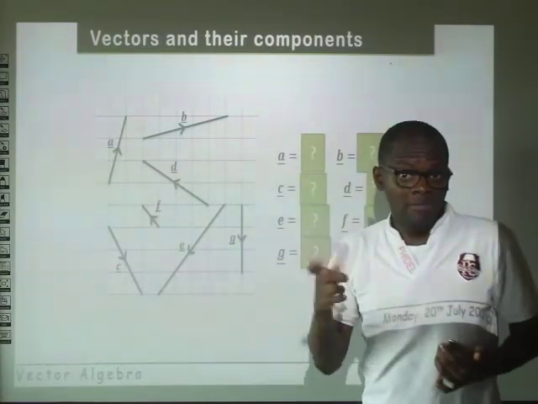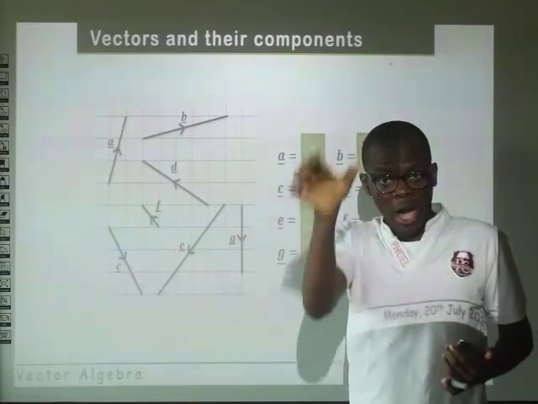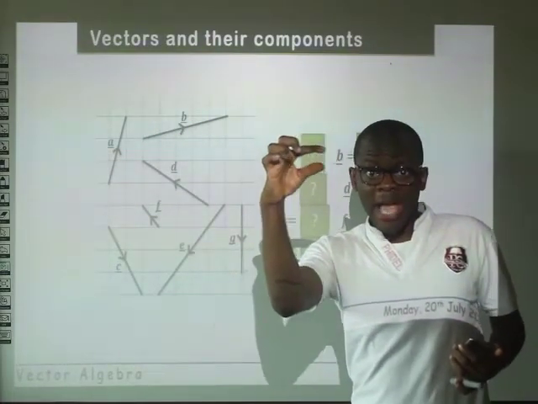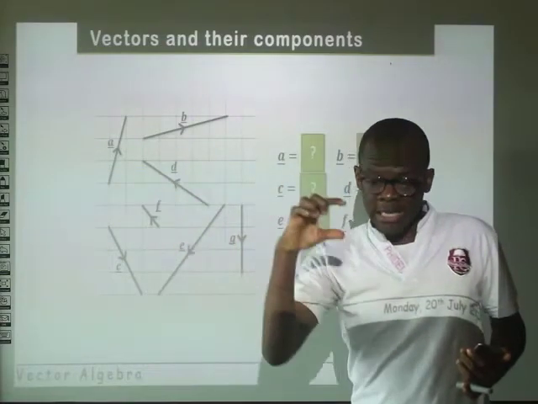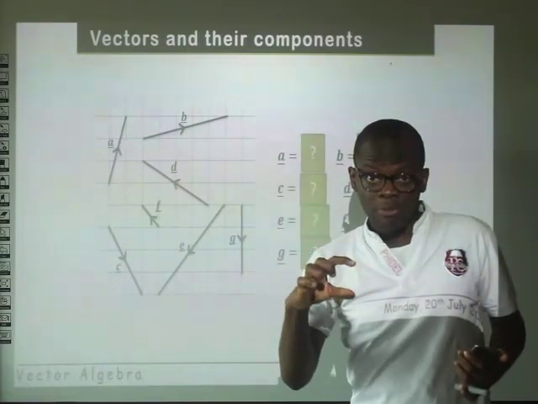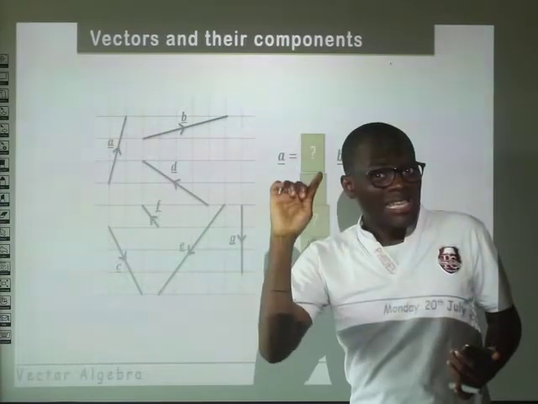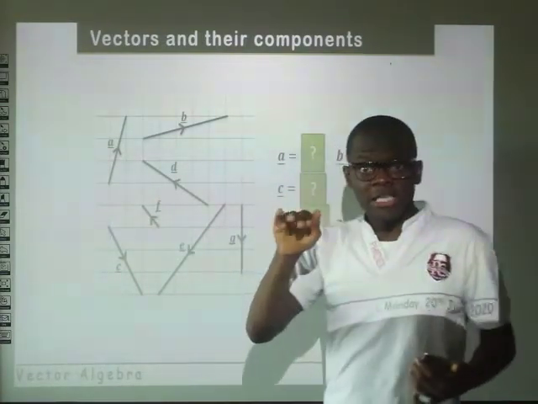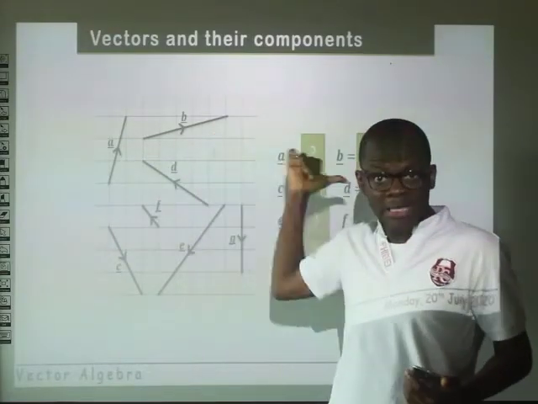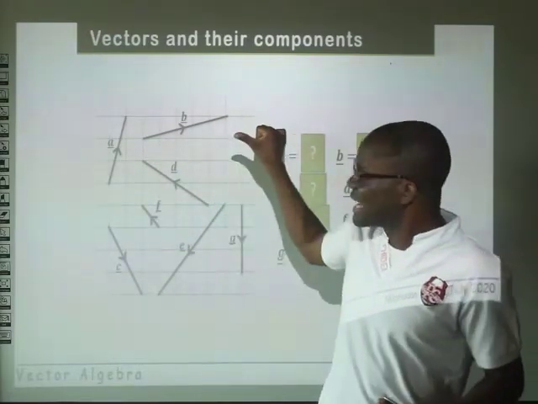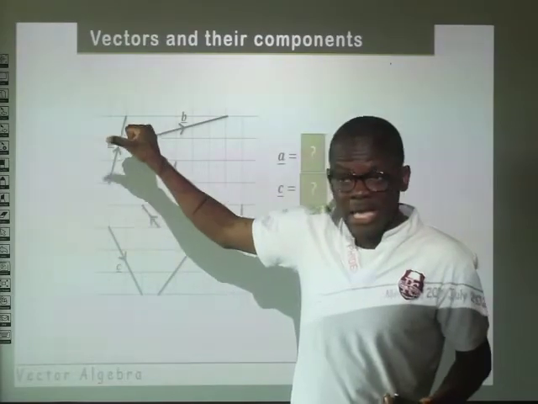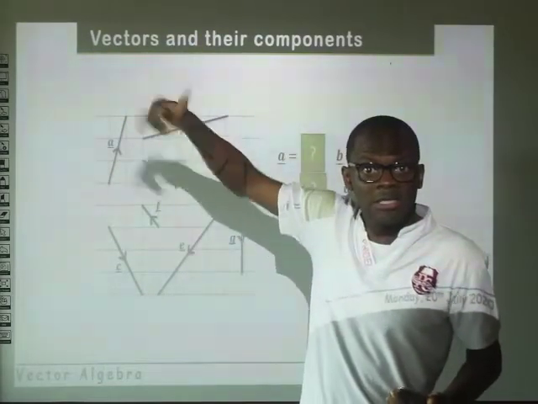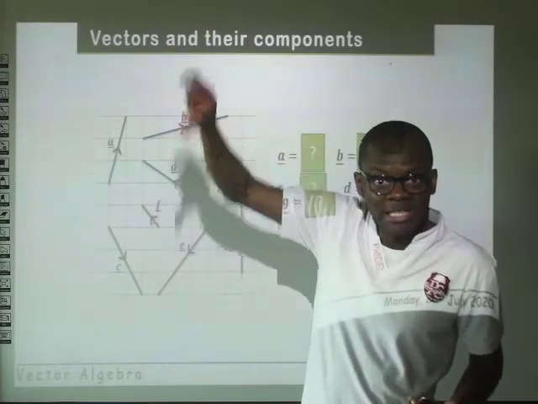And remember when I say component form, I want you to put it in a column where the first entry at the top will be the x coordinate, and the second entry at the bottom will be the y coordinate. Take into consideration that it's positive if it's moving to the right along the x-axis, and negative if it's going to the left, and positive if it's going up along the y-axis, and negative if it's coming down.